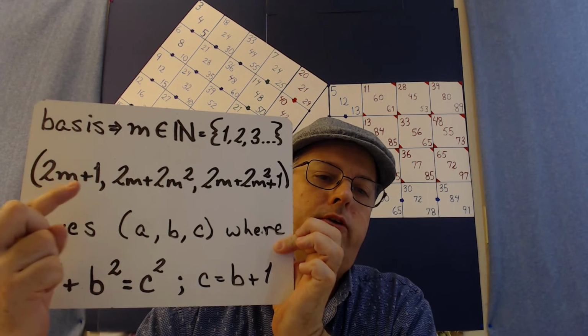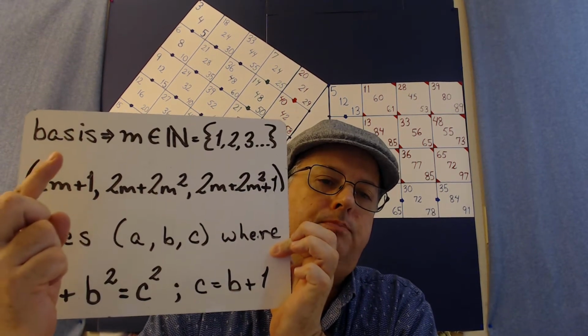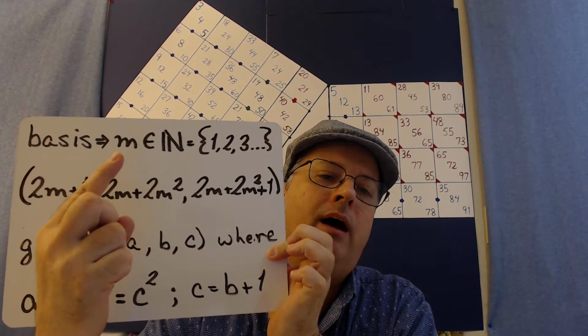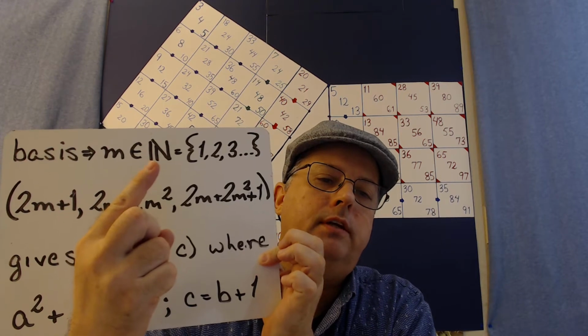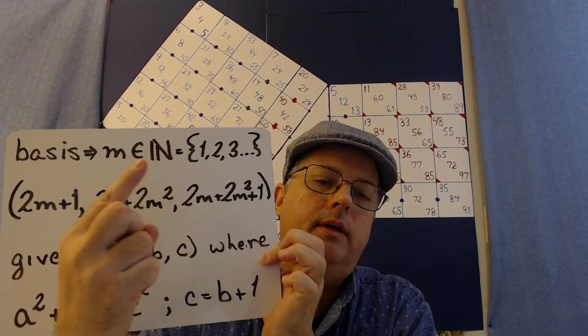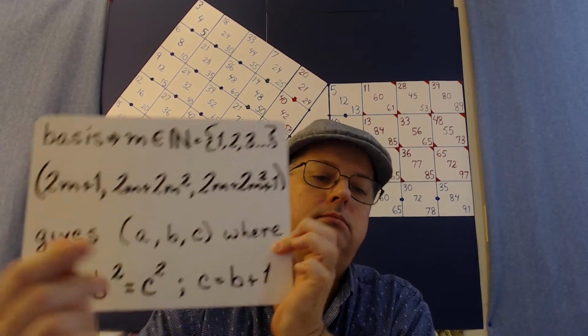This Pythagorean triple generating formula here is based upon a number m that is an element of the natural numbers. And the natural numbers are the counting numbers, 1, 2, 3, 4, and so on.